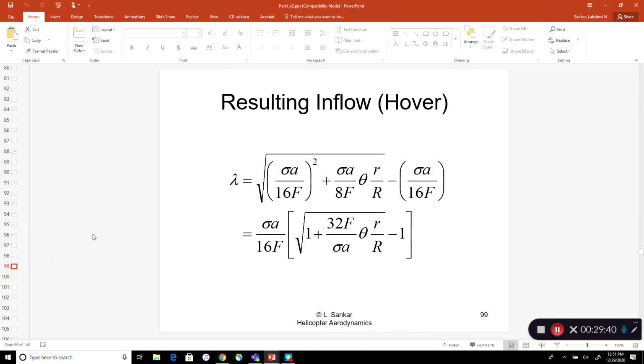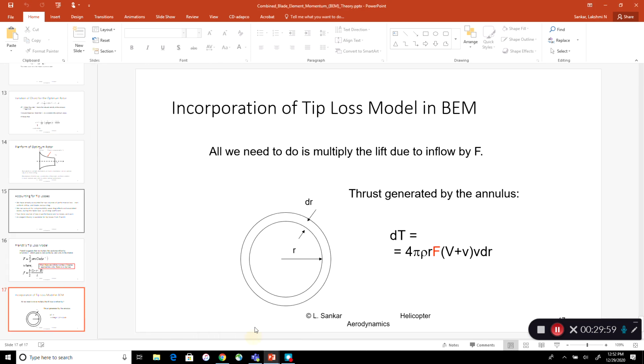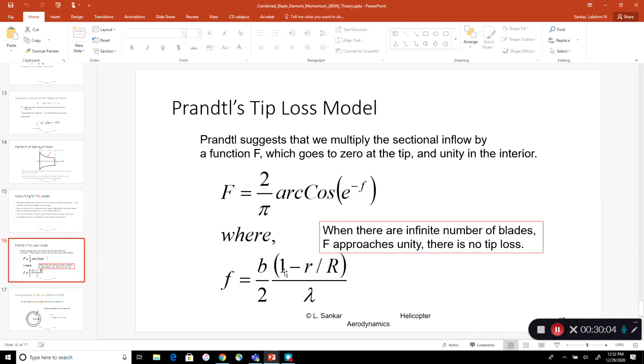Okay, so this is the resulting inflow velocity. You build that F in, so you get an expression for lambda that involves the Prandtl function. We notice that lambda is a function of capital F, but we previously saw that F is a function of lambda.